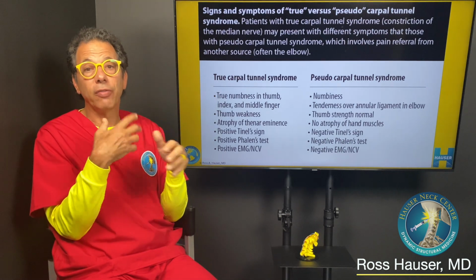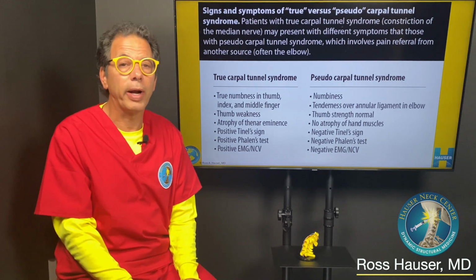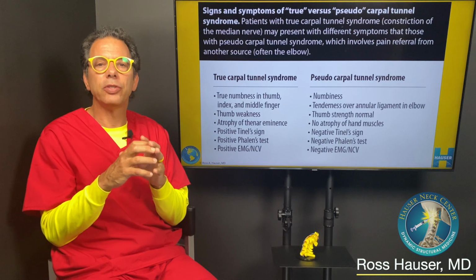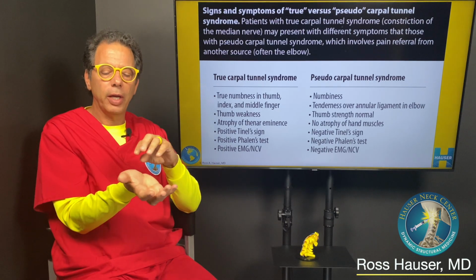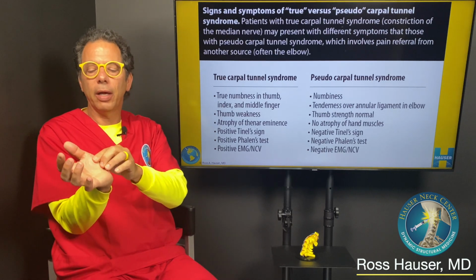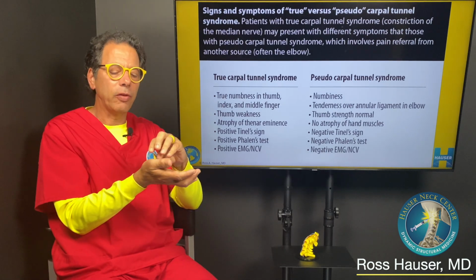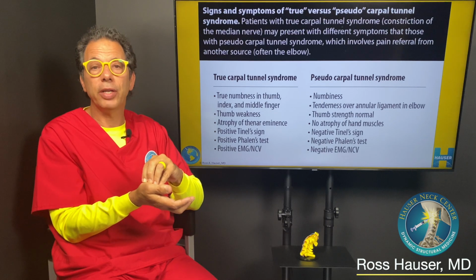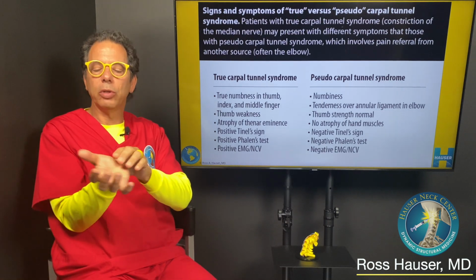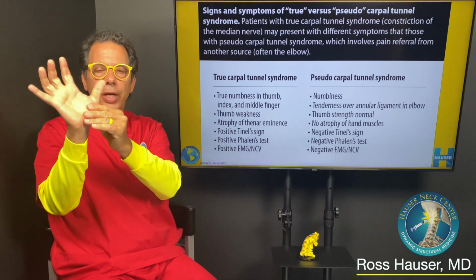Eventually, as the disease progresses and the nerve gets more damaged, the muscles of the thumb lose innervation and atrophy.